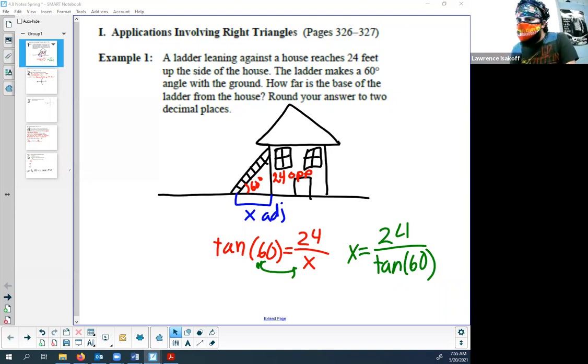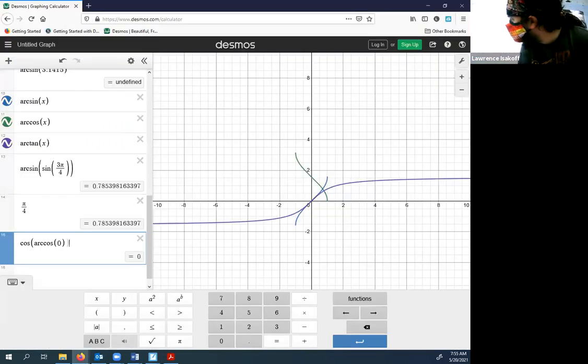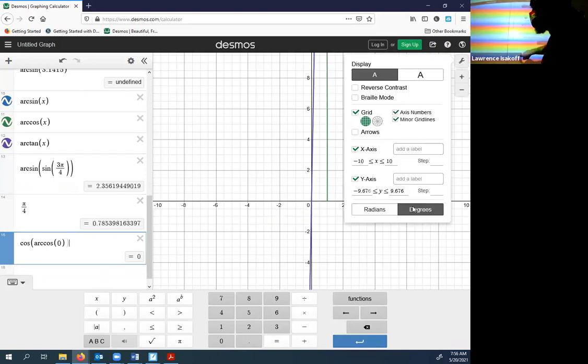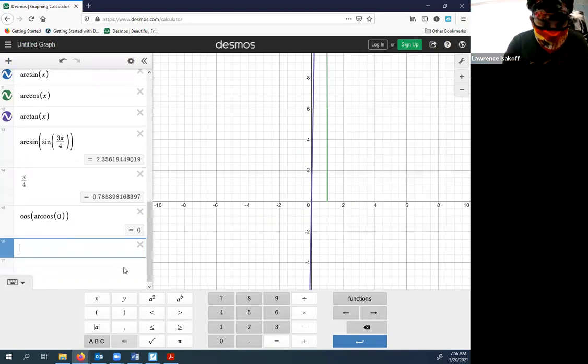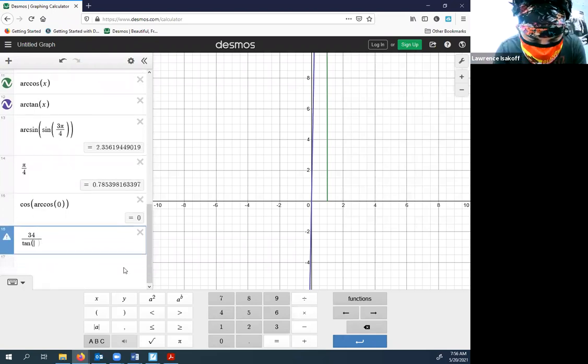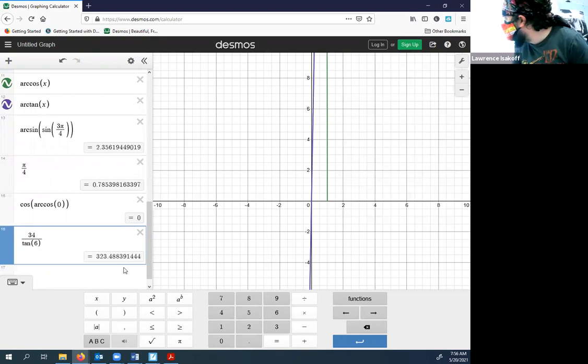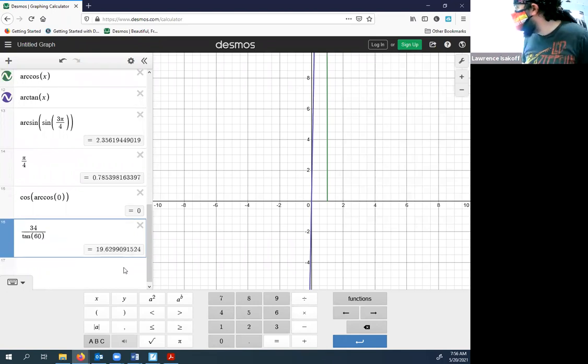Getting somebody in the chat. I think you might still be in radians because we should be getting an answer smaller than 24. Let's see. Yeah, so I need to hit the wrench here and switch to degrees. And I'm doing 24 divided by the tangent of 60. Oh, 34, yeah.